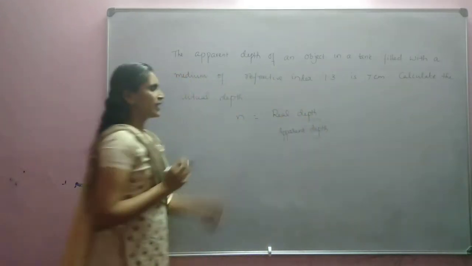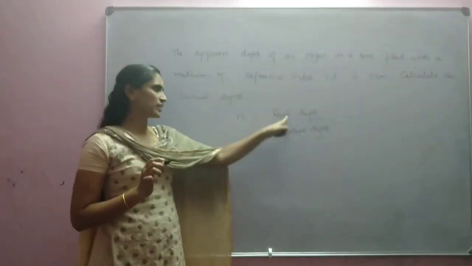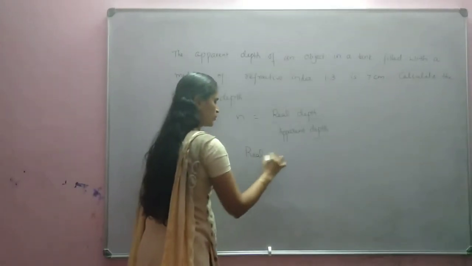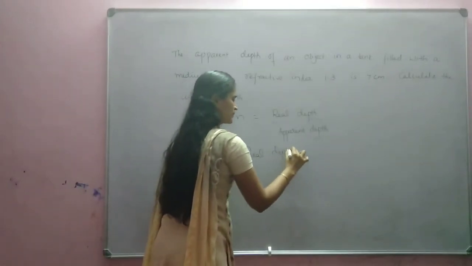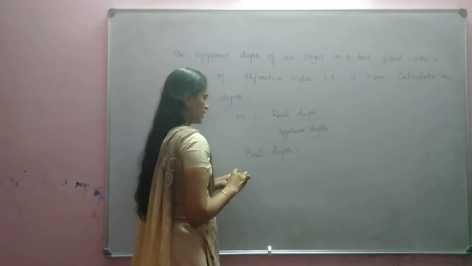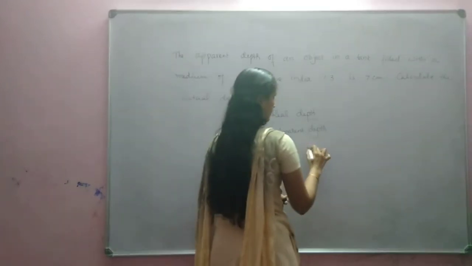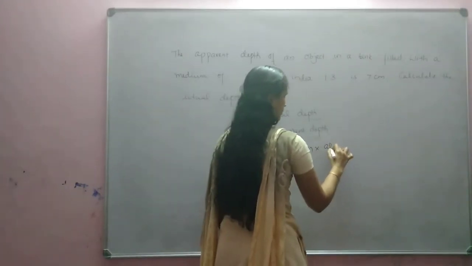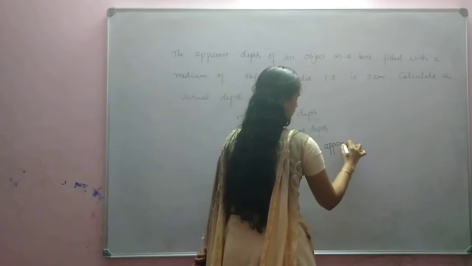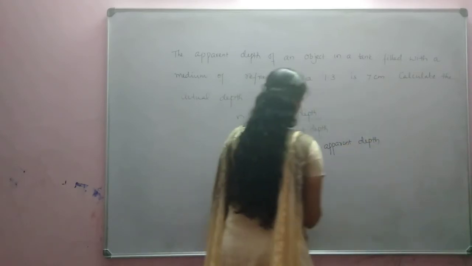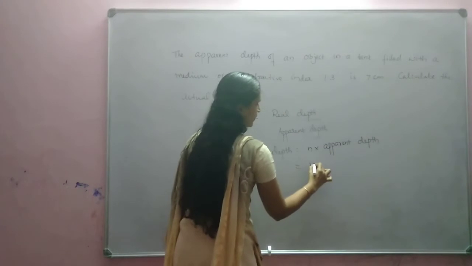So here refractive index is given, apparent depth is given. You have to find real depth. So you can write real depth is equal to n into apparent depth. Refractive index value is given, 1.3 into 7.